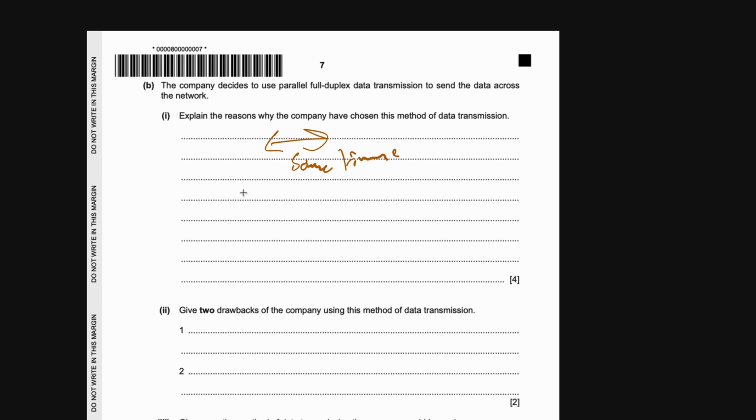Data may not need to travel a long distance. It sends multiple bits at the same time. It uses multiple wires, right? So the transmission speed of the data will be fast. Any of these reasons, right? State any 4 of them, you'll get the 4 marks.